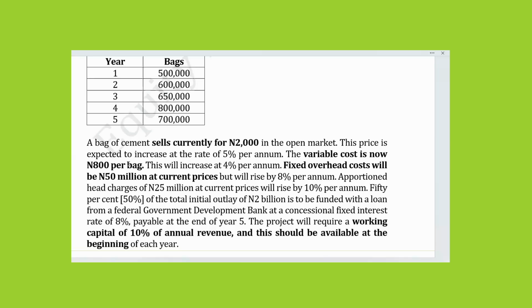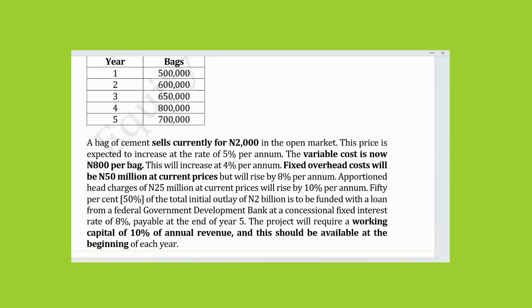So if in a question you are not told whether it is money cash flow or real cash flow, you are going to assume it is money cash flow. Now, we also have real cash flow. Real cash flows are cash flows that do not include the possible effect of inflation. They are cash flows stated in today's prices, year zero prices, current value terms, or first year prices.